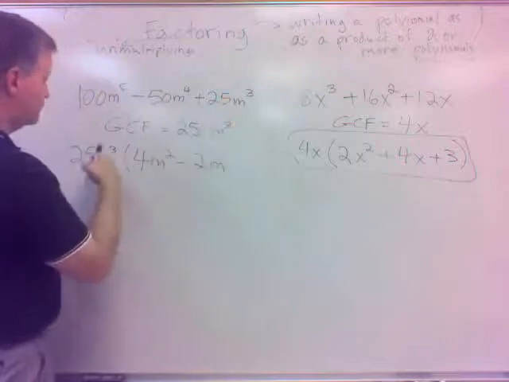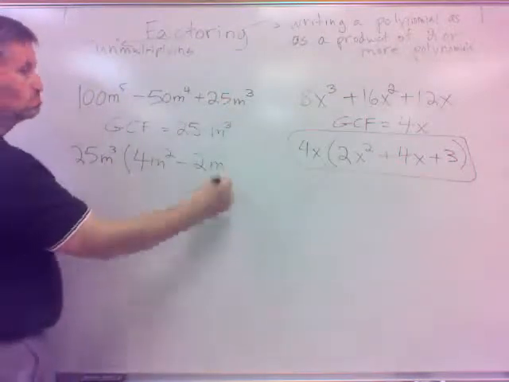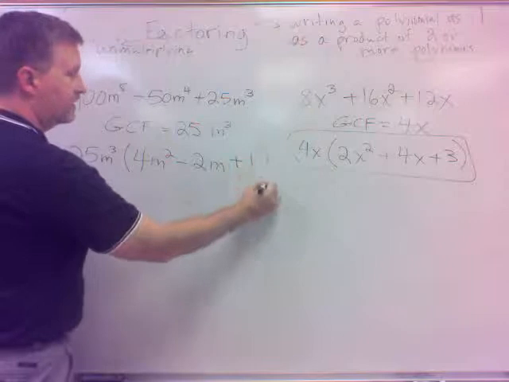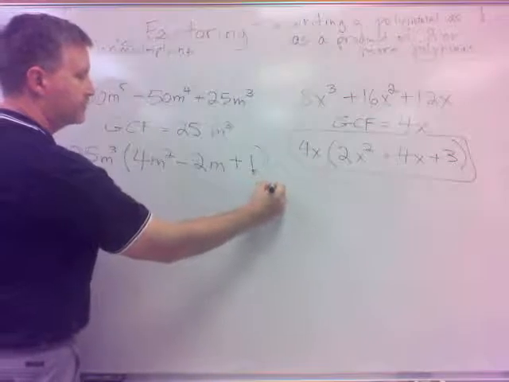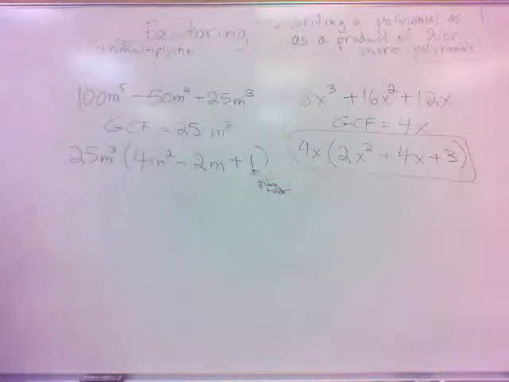Then what about this one? I'm taking out the 25 and the m cubed. Do I need to put anything? I need to put a 1, yes. Kind of a placeholder. Because I haven't mentioned it yet, but always the check, since factoring is unmultiplying, to check your factoring is to multiply it back out.